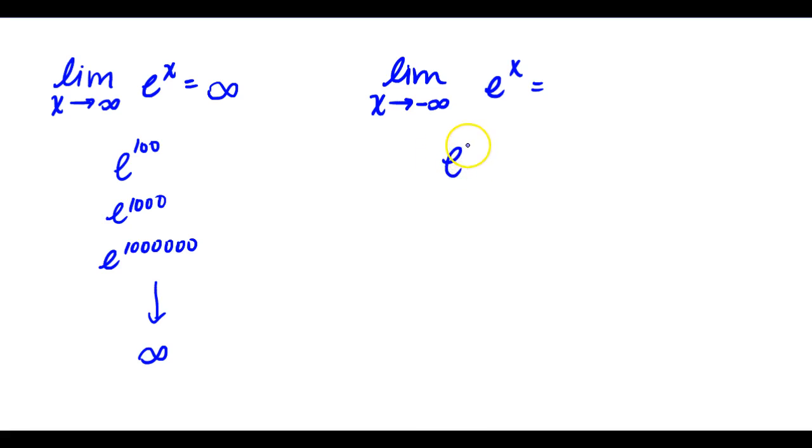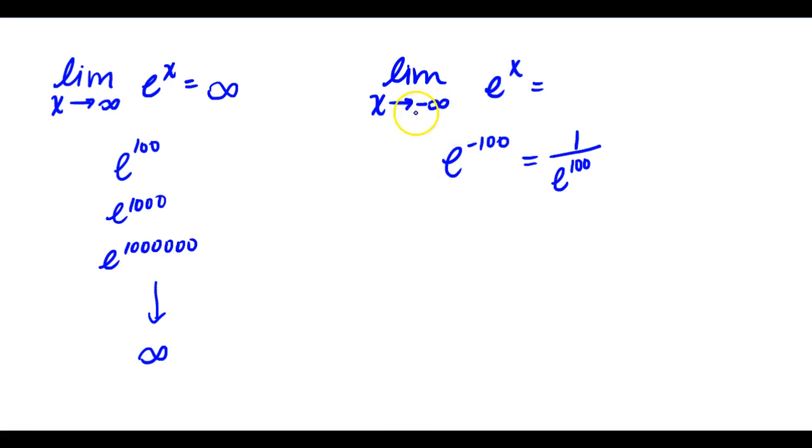Like, what about e to the negative 100? Well, when I have a negative exponent, it moves the entire term to the bottom of the fraction bar. So e to the negative 100 is 1 over e to the 100. So if we think about this as a number, is this a big number or a small number? Well, the bottom of the fraction is big, and the top is a constant. So this is actually a small number.